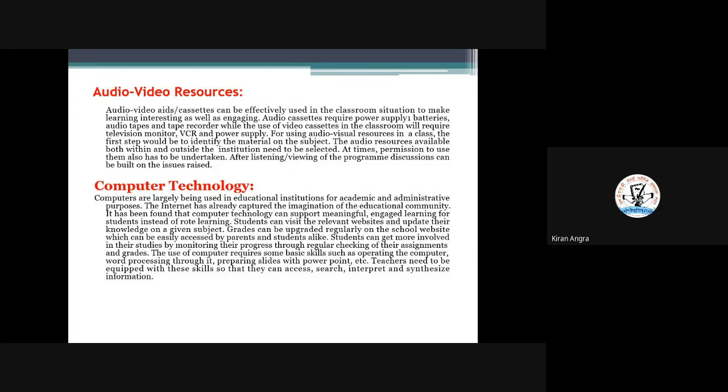Schools or higher education institutions can give their grades, and they can be regularly updated on the school website, which can be easily accessed by the parents. Hence, you can involve a number of stakeholders in classroom teaching by using this computer technology.